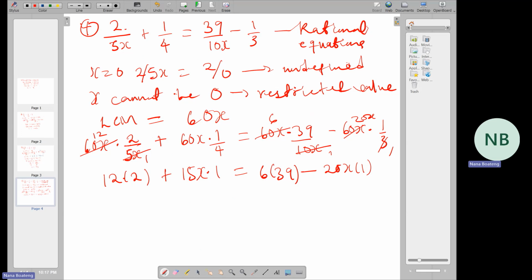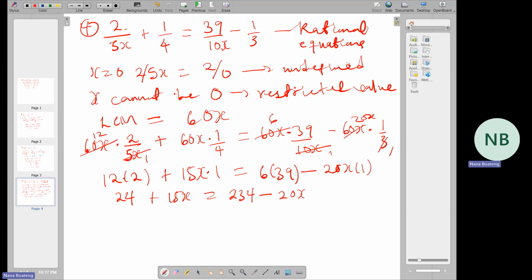All right, so let's simplify these terms and group the variables on one side and the numbers also on one side. So 12 times 2 is 24 plus 15x times 1, which is 15x, is equal to 6 times 39, which is 234, and minus 20x times 1, which is 20x.